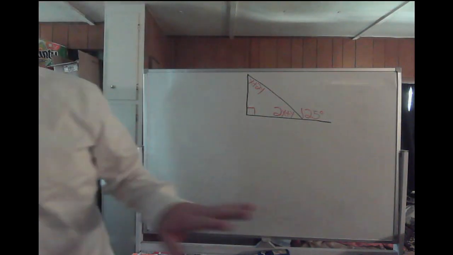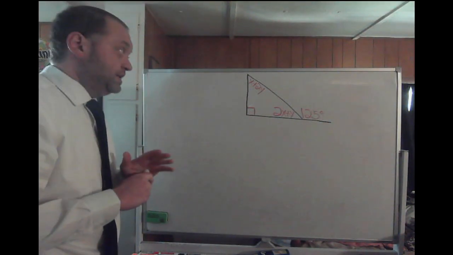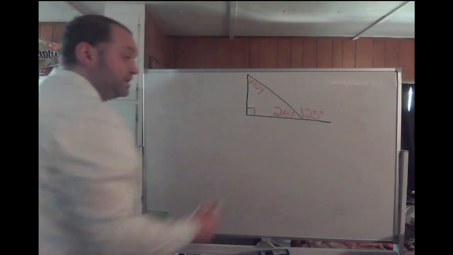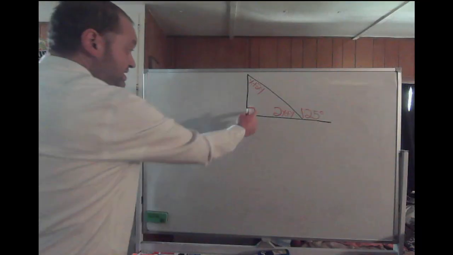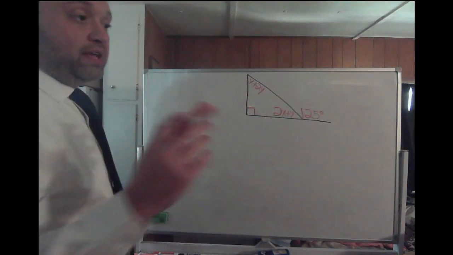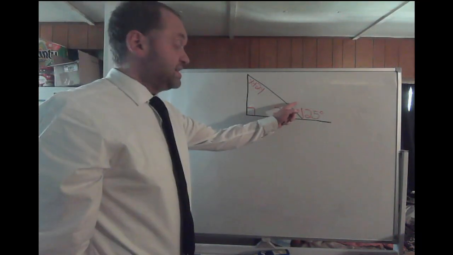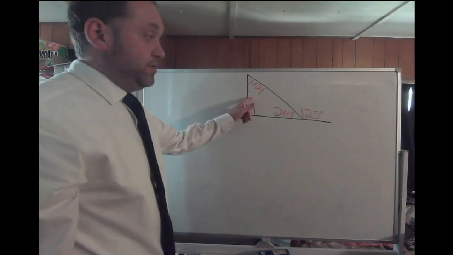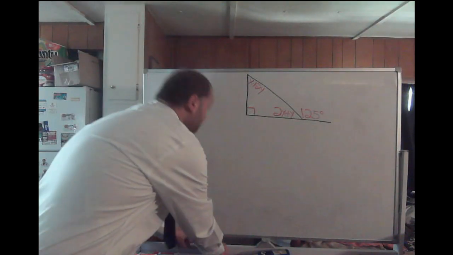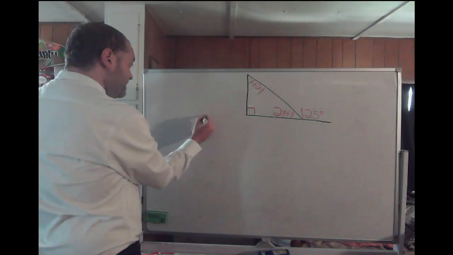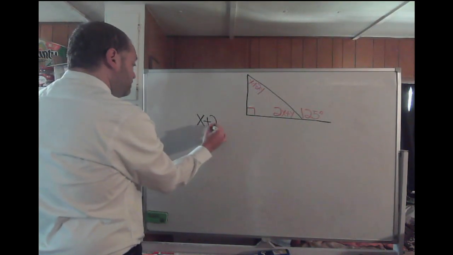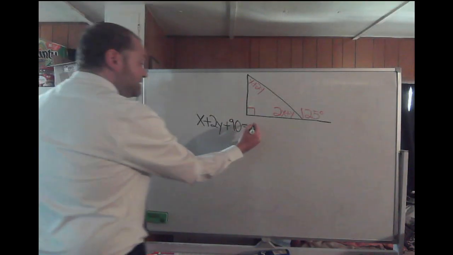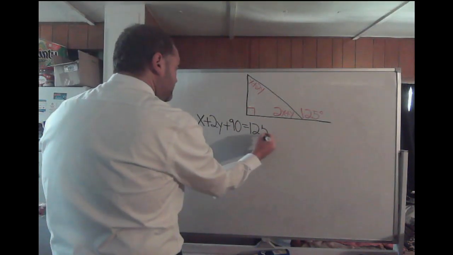Okay, so how are we going to go about solving this? Well, we do know 125 degrees. This is 90. Remember that theorem, the measure of the exterior angle of a triangle equals the sum of the two remote interior angles. So what we can do, take our x plus 2y plus our 90, that's going to equal 125. So there's that.